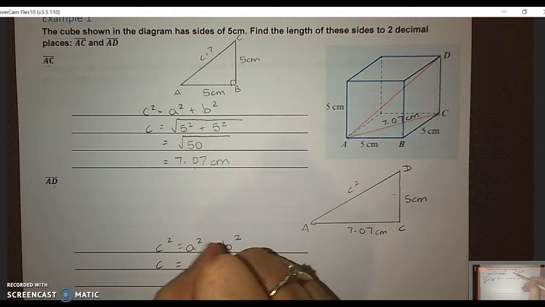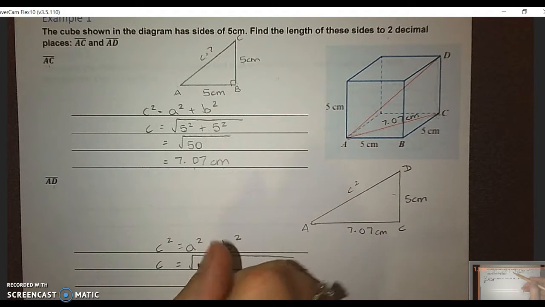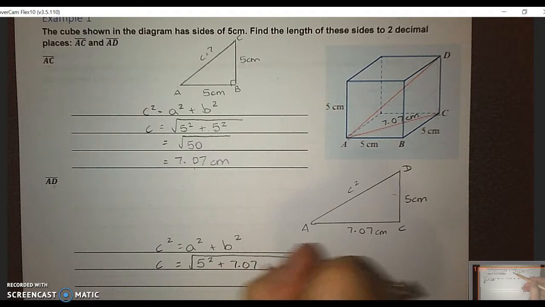We're trying to find the hypotenuse, so we can use Pythag. So c equals the square root of 5 squared plus 7.07 squared.